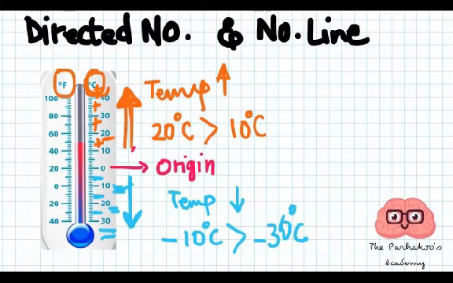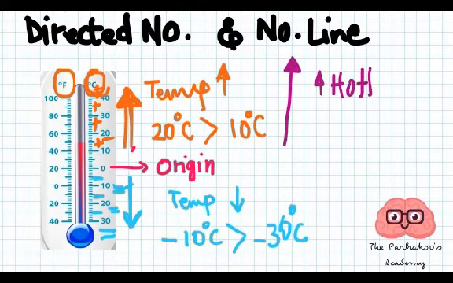One more important thing to be inferred here is, as we are moving up on the temperature scale, it's getting hotter, right? So it means it's more hot as we are moving up. And as we are moving down, the temperature is getting colder.